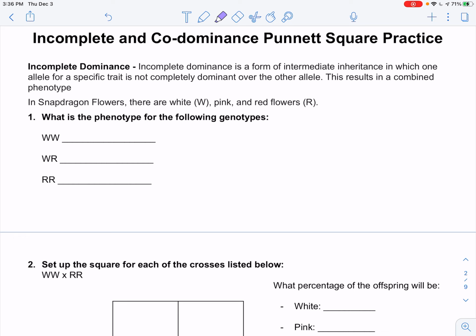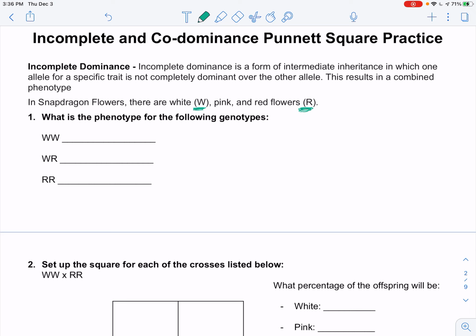So first we're going to look at incomplete dominance. And so here, again, there's no recessive allele, so it's all dominant. So we've got a capital W for white, a capital R for red. So big W, that's the genotype.